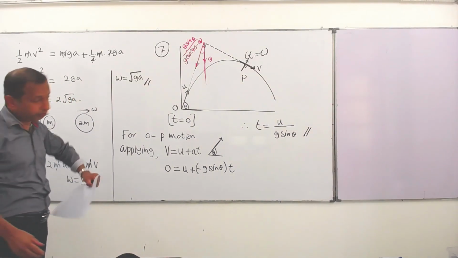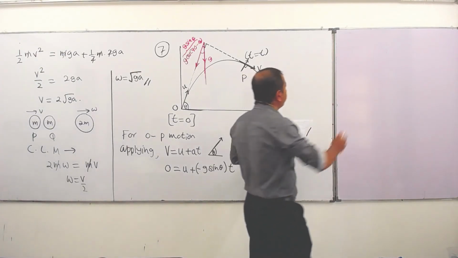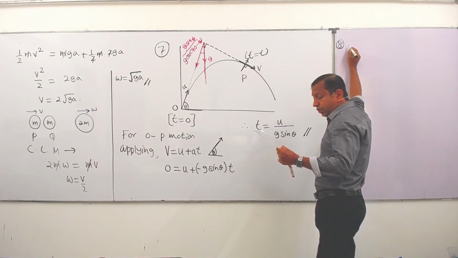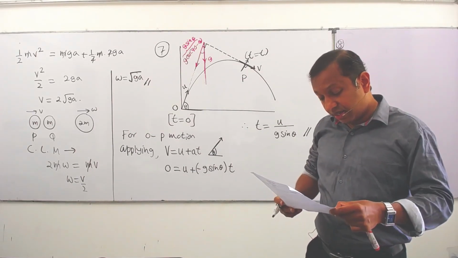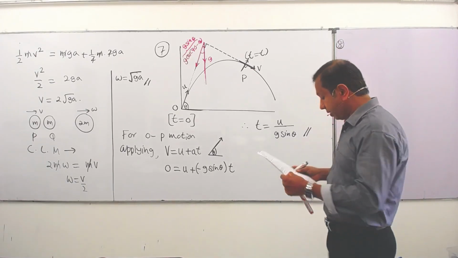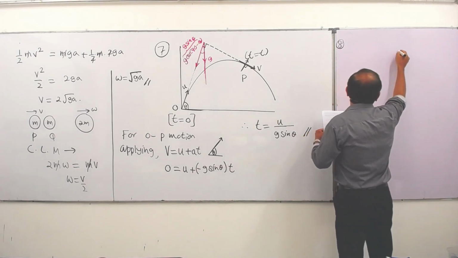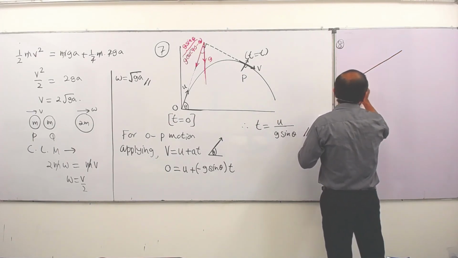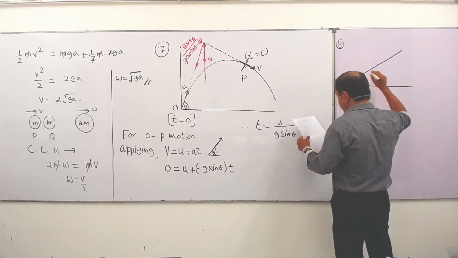Number 8. Relative acceleration. A smooth light pulley is fixed to a smooth fixed plane. The inclined plane, the wedge, is a fixed one. It doesn't move. Alpha here.